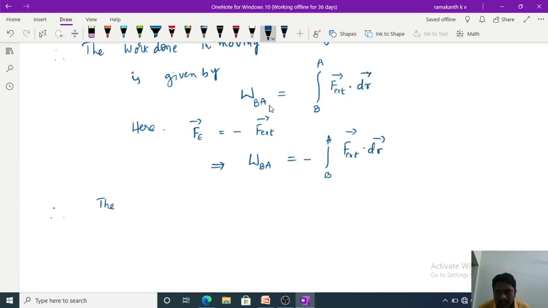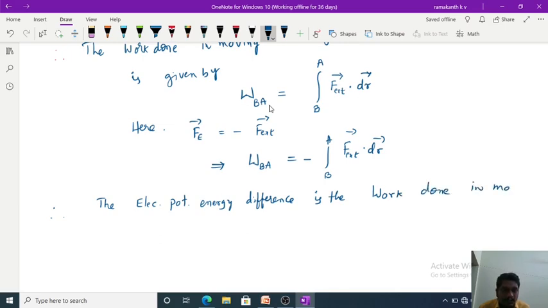Therefore, the electric potential energy difference is the work done in moving a positive charge from one point to another. This is the electric potential difference.